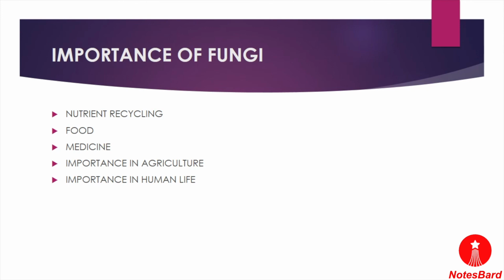In the food industry there are several fungal species which are very rich in proteins, like mushrooms. They are protein-rich edible fungal species used as a food source, and there are some yeasts which are used in bakery.